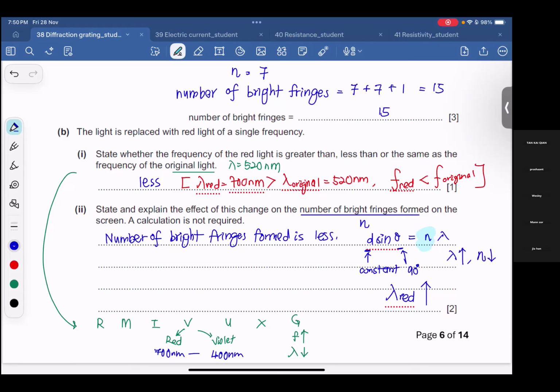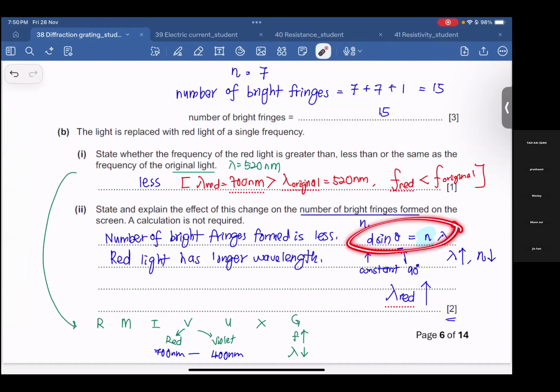Why? State and explain the reason: because red light has a longer wavelength. So when we apply this formula, we find that when the wavelength increases, N decreases.